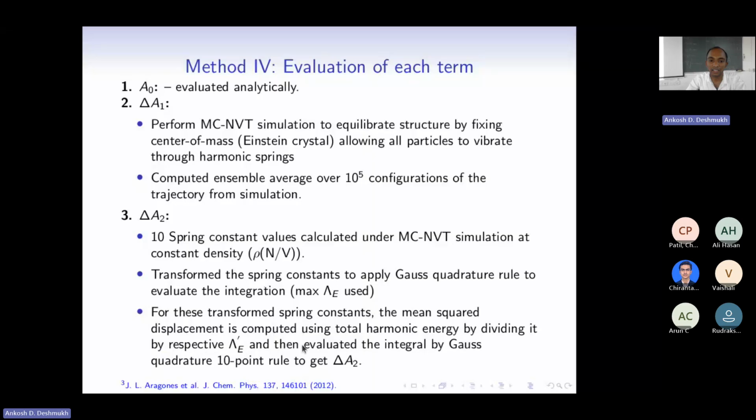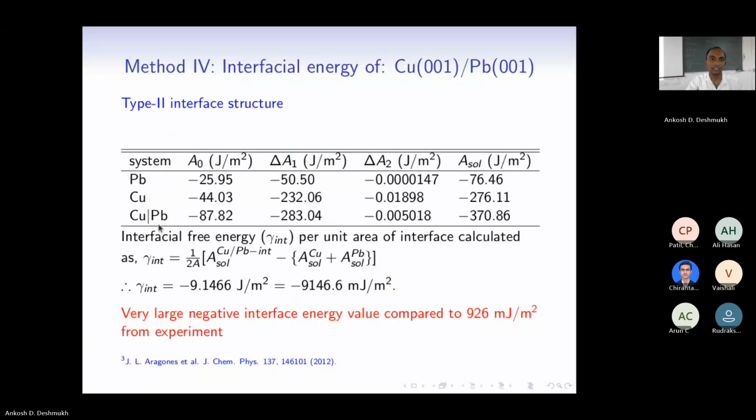Here I have used the 10-point rule to calculate the delta A2 term in Gauss quadrature. So I need 10 different values, so I calculate for 10 different values of spring constants.